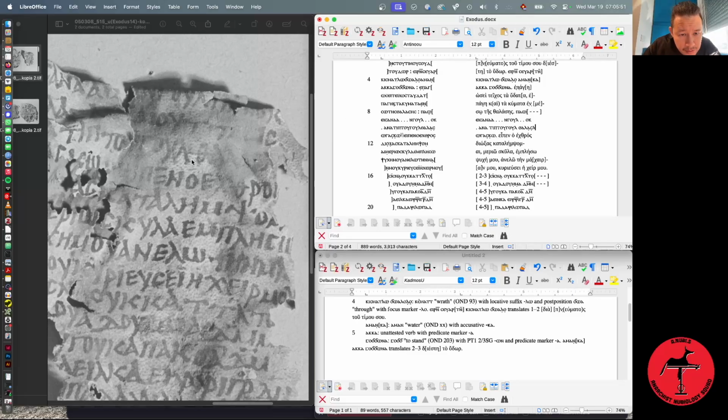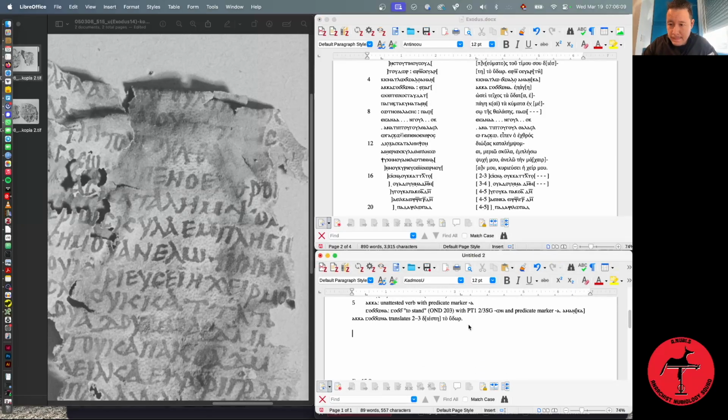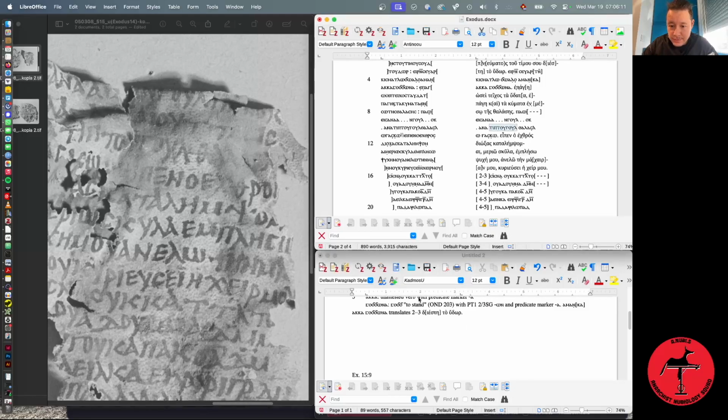And talas. Okay, I mean the alpha I think is clear enough. And there should be a lambda here. Okay, so let's start with that. There should be a space here. And also this we can read perfectly well.